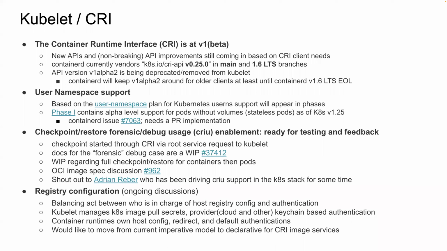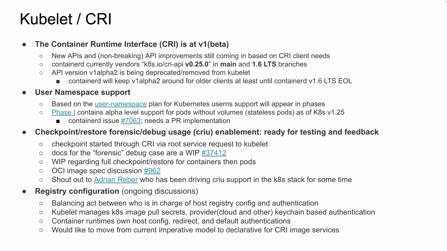Think of it as the user ID inside the container not necessarily matching the user ID outside of the container. When you actually go to map these, there's some complicated logic that sometimes has to happen to manage that. So we're trying to add some support there to match whatever is being supported upstream in Kubernetes.